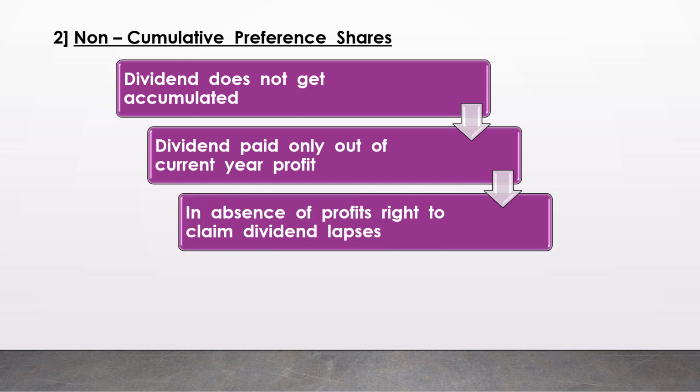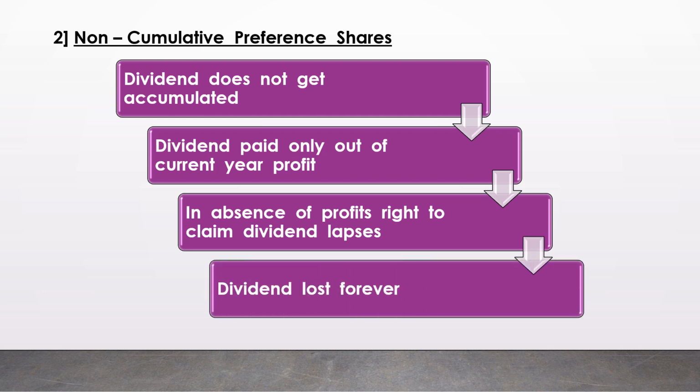In the absence of profits, the preference shareholders do not have the right to claim the dividend, which lapses, which means that whenever the company does not make a profit in a particular year, then the dividend is lost forever. So, when the non-cumulative preference shareholders do not get dividend in a particular year, they lose it forever. They cannot claim it in the near future.